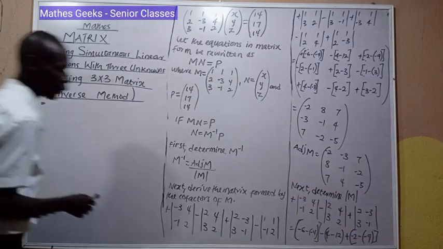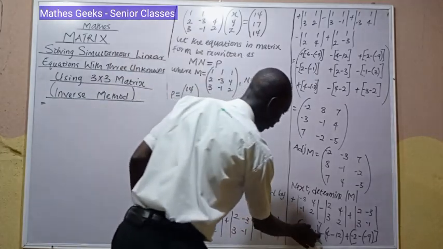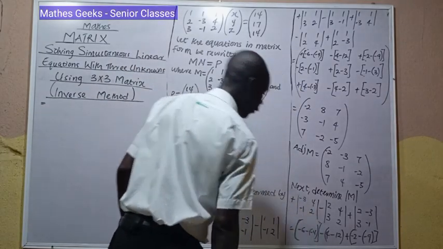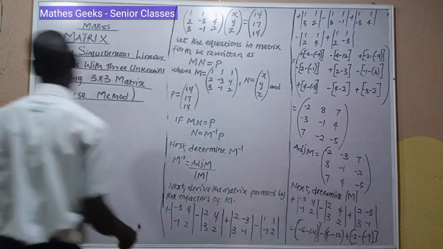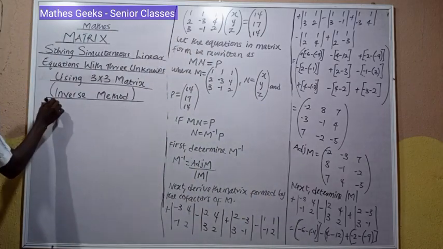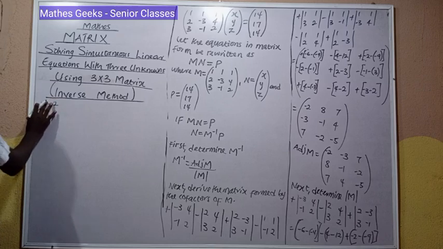So equals minus times minus is plus, minus 6 plus 4 is minus 2.